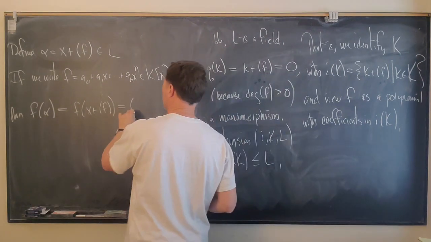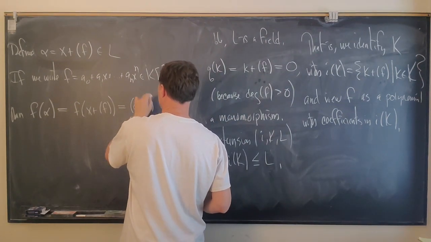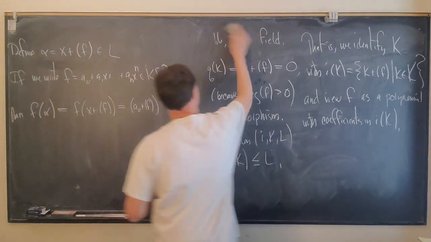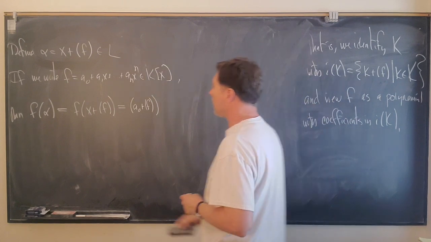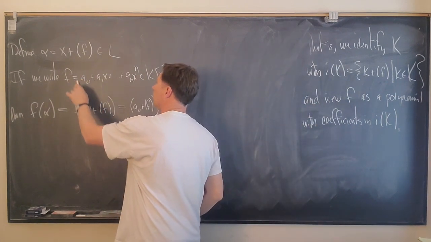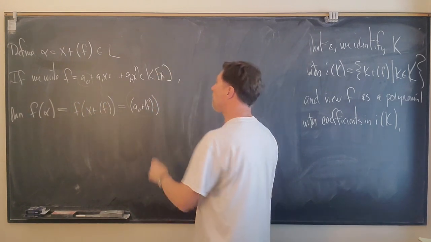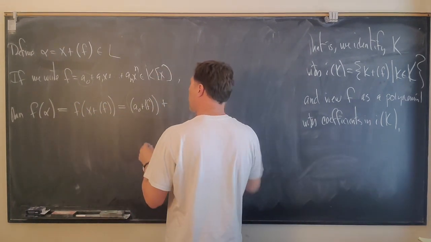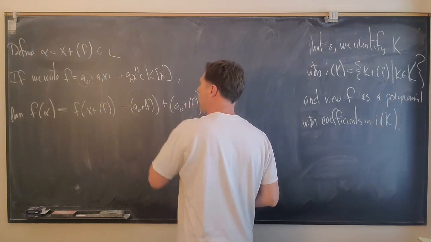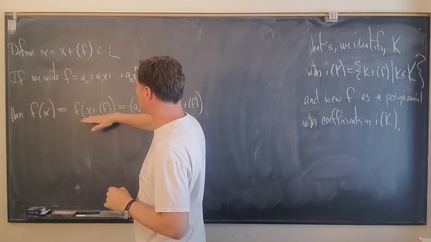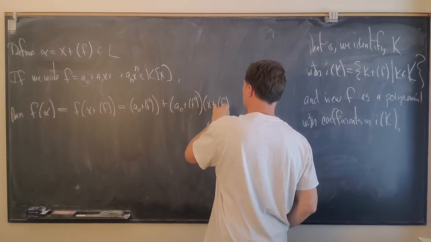It's going to look like a0 plus the ideal generated by f, that is I of our first coefficient, plus a1 plus the ideal generated by f, and then I substitute for x, x plus the ideal generated by f.